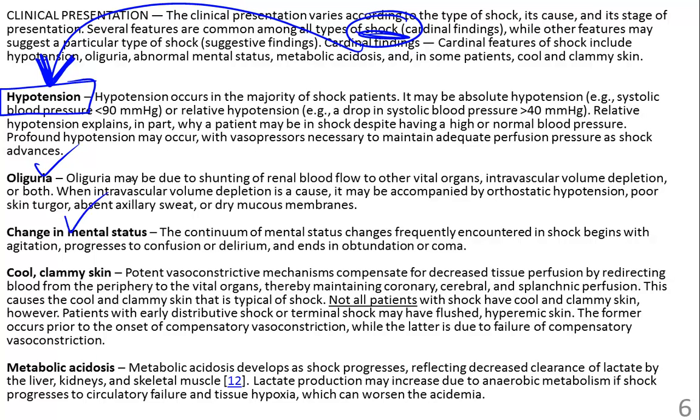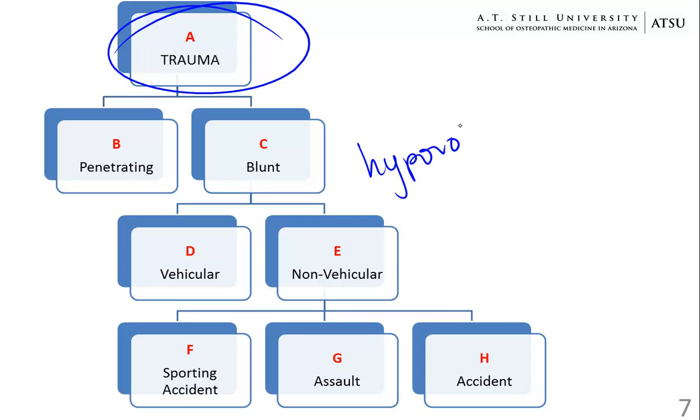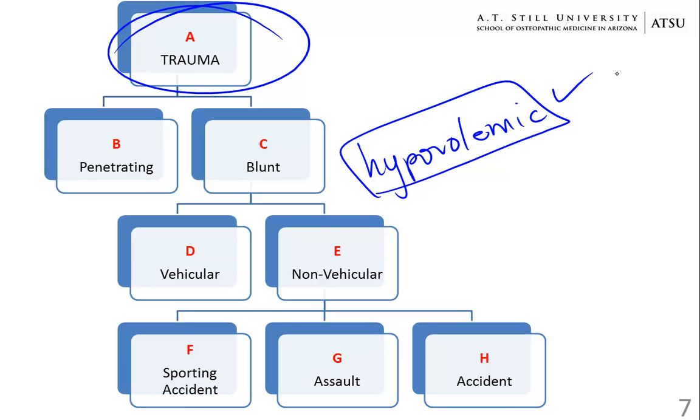You also have low urine output, changes in mental status, changes sometimes in the skin being cool and clammy, not always. You can have metabolic acidosis. So these are some of the cardinal signs of shock, and we're going to cover some mechanisms. Part of trauma is going to be blood loss, and blood loss can cause shock. We'll differentiate hypovolemic shock from the other forms of shock, which you might remember, but this will be the focus.